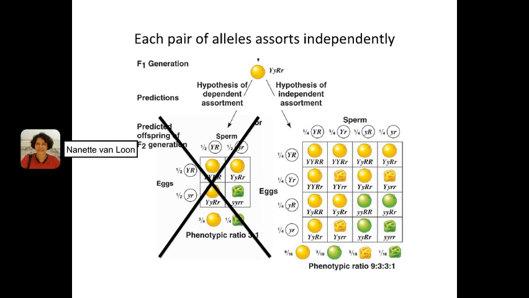As far as Mendelian genetics is concerned, assortment is independent. When genes are located on different chromosomes, they assort independently. So this situation that we see on the left side is not going to happen.